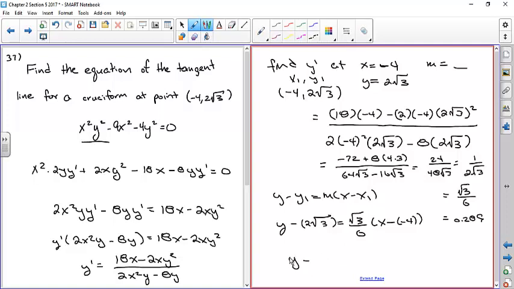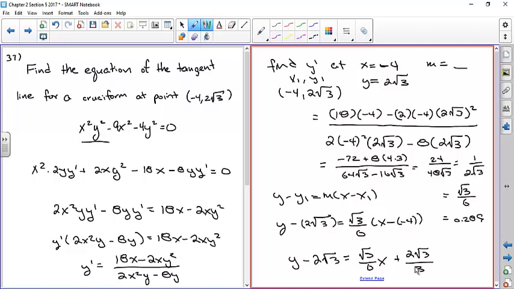We get y minus 2 square root of 3 is equal to the square root of 3 over 6 times x, and then we get 4. So it's plus 4 divided by 6, which is 2/3, so you get 2 square root of 3 over 3.